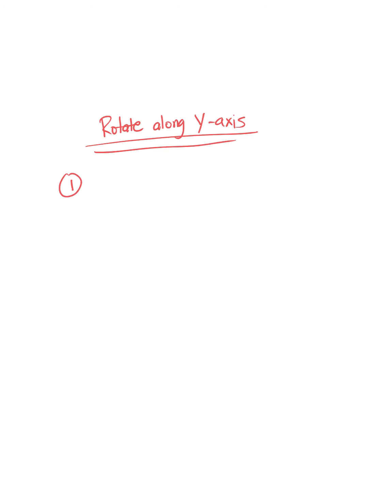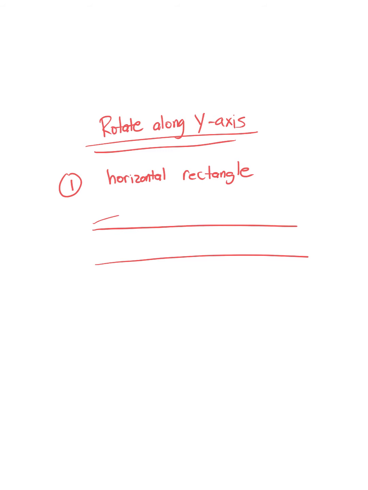Okay, so let's review everything we need to remember about rotating along the y-axis. The first thing we want to remember is that you have to put a horizontal rectangle in your region. So it is a radius of x. Let's put in our rectangle right here. This is the radius, and it's an x value. And the thickness of that is, of course, a vertical length. That is our height.